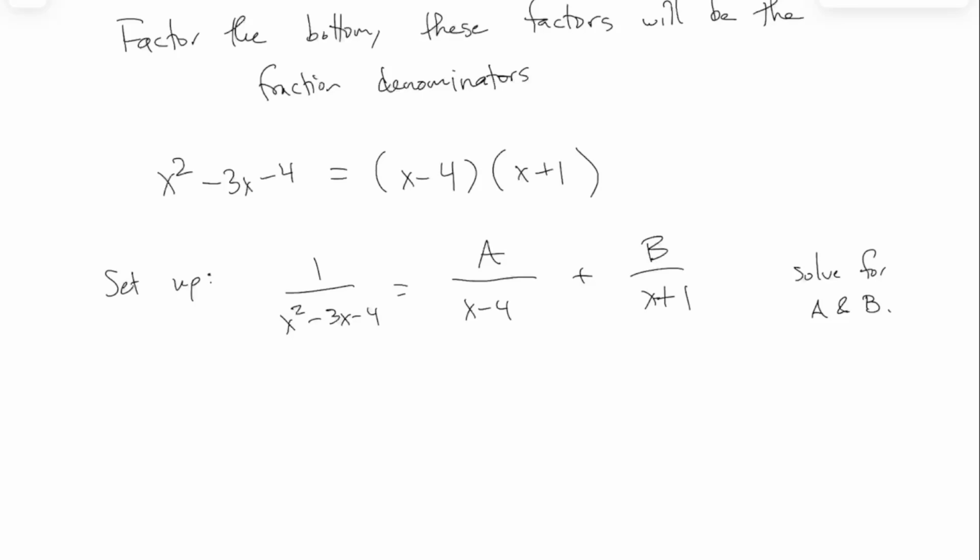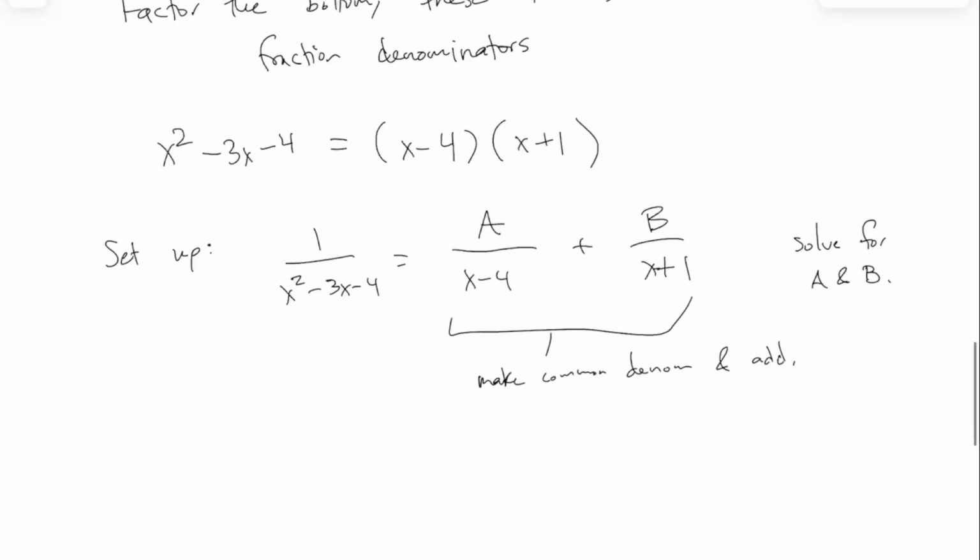And the way to do that is, on the right-hand side here, we can actually add these fractions together with a common denominator. So we are going to make a common denominator here and actually add the fractions together. These are not numbers where you look for the least common multiple or anything.